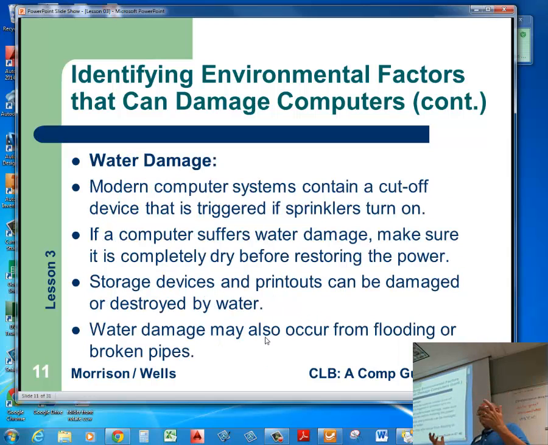Water damage, I mean, duh, it's electronic, it's electrical. You've got to keep it away from water and potential water problems. So in here, if there's a fire somewhere in the building that's serious, these sprinkler heads could go off. And fortunately, the towers are underneath the desk, so we're protected pretty good there.